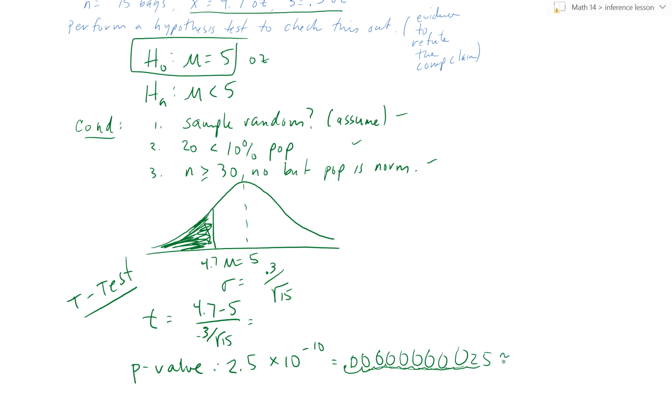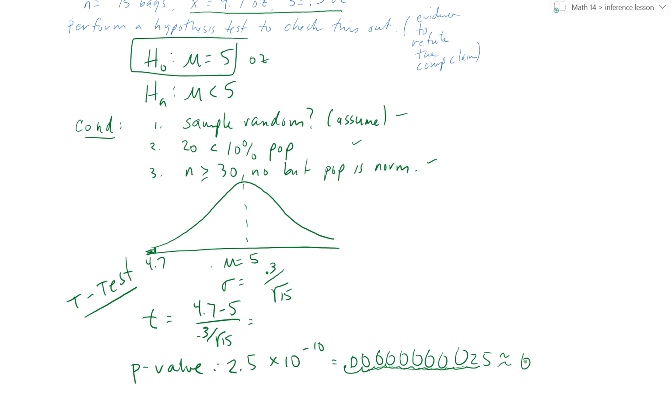So that's essentially 0, right? So the likelihood of this happening is not likely at all. In fact, 4.7, if I change it on my graph, is really way over here, if I draw it more to scale.